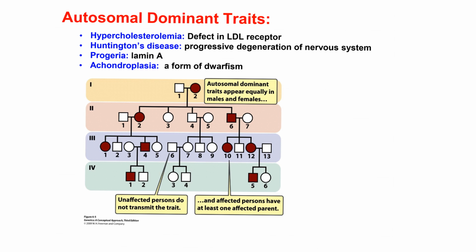Now let's look at what kind of diseases are inherited as autosomal dominant. Achondroplasia, one form of dwarfism. There are different forms of dwarfism, and only one is encoded or inherited as autosomal dominant.